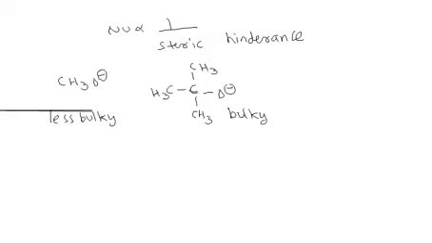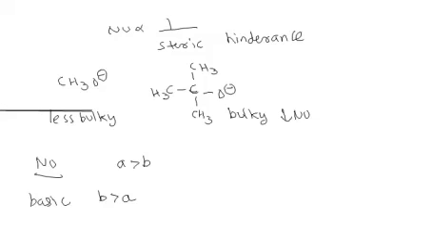As it is bulky, with more steric hindrance, it is less nucleophilic when compared to this. So when we check nucleophilicity, which is more nucleophilic? A is greater than B. But which is more basic? B is greater than A.